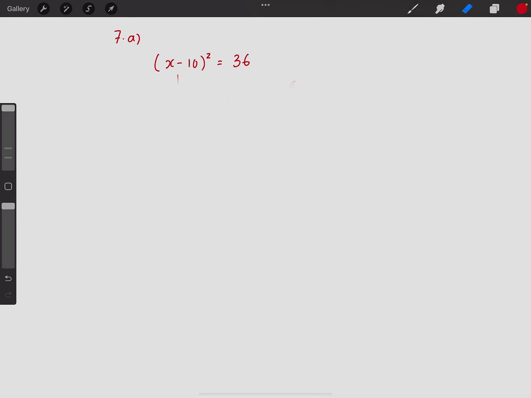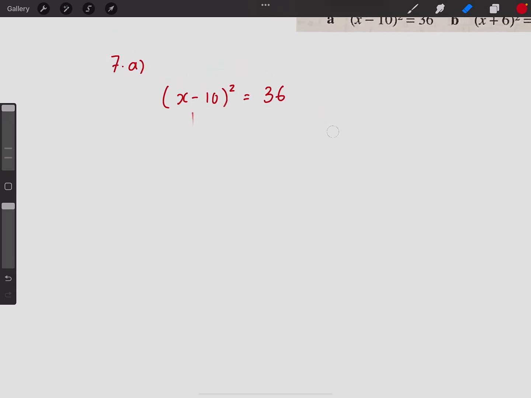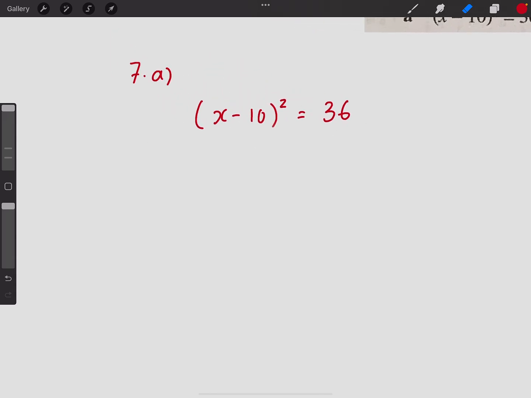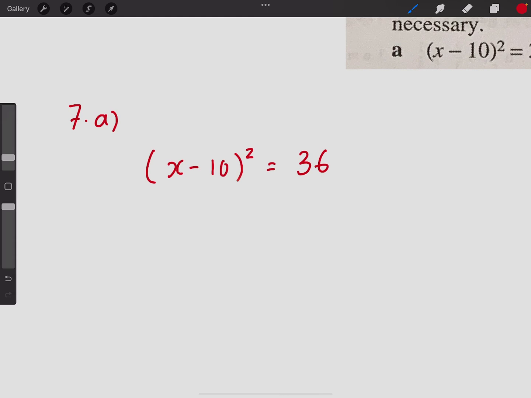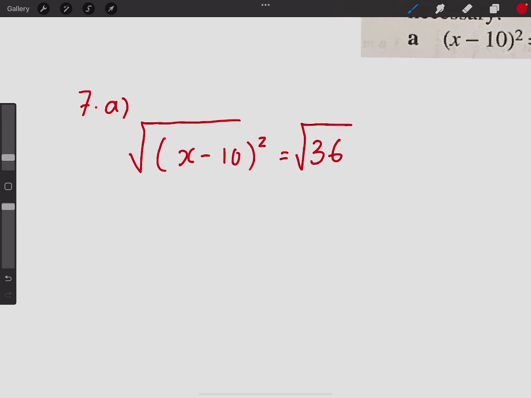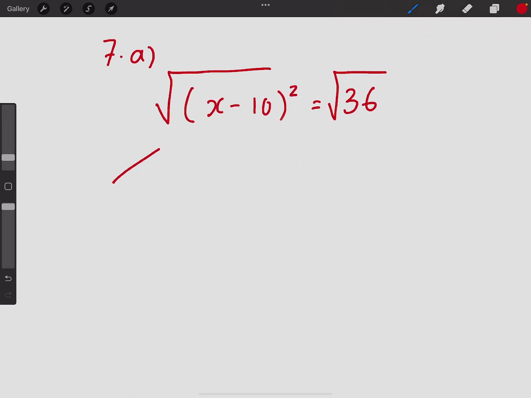So instead of expanding, what we're going to do is this. When you have it in this form, the best way to solve for it is to do the square root of both sides. If you square root this side, this square root and this square will cancel out, so all you have is x minus 10 is equal to, now the square root on the other side, you're going to have a plus minus 6.